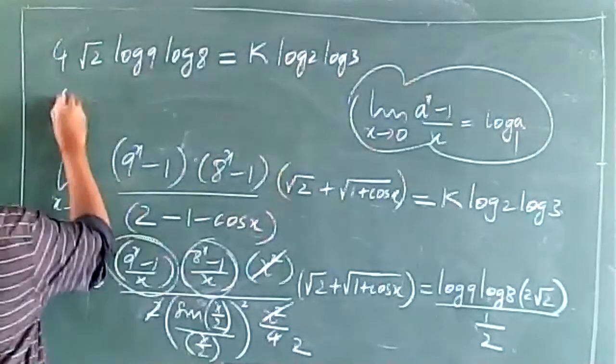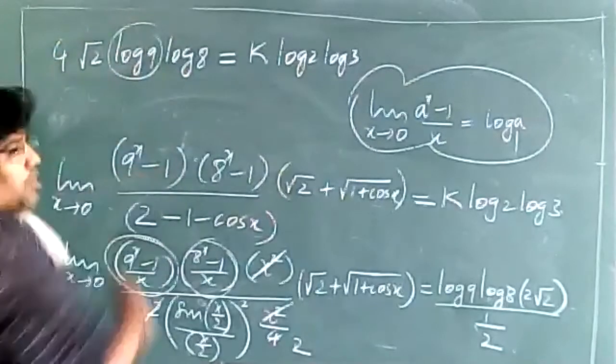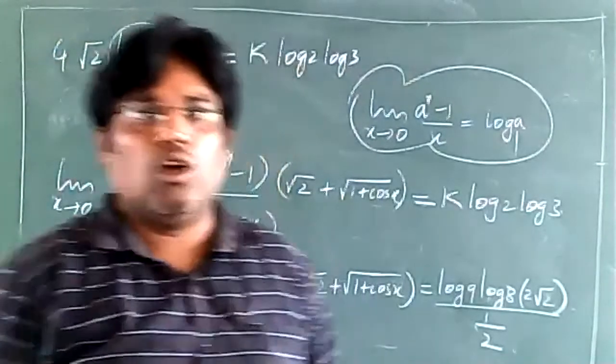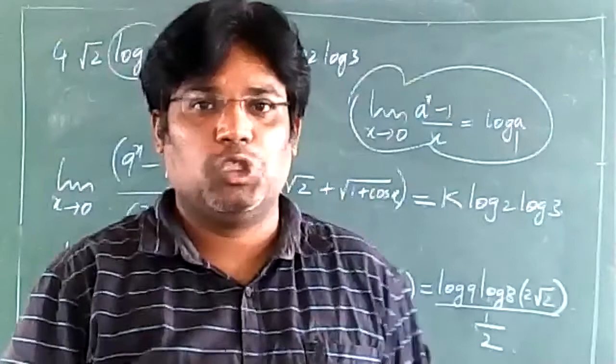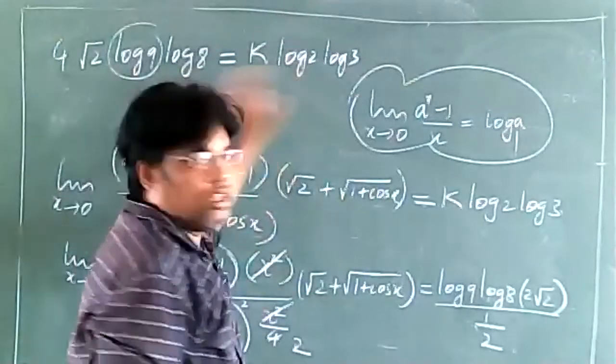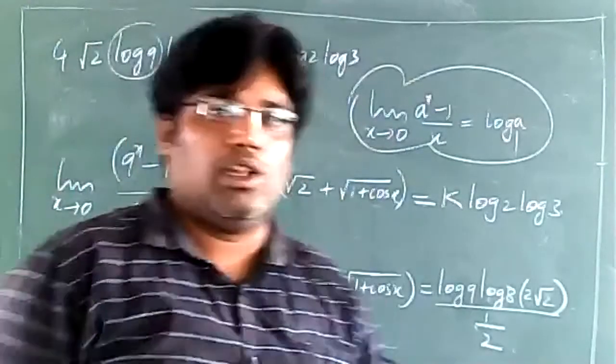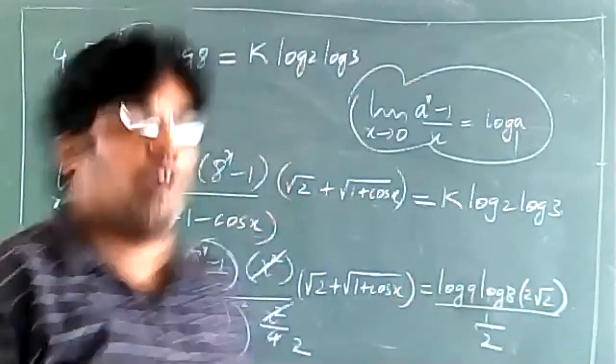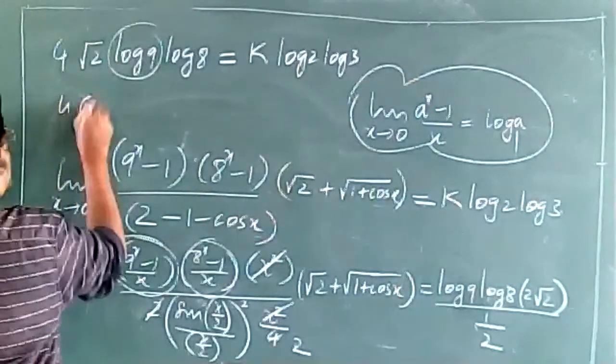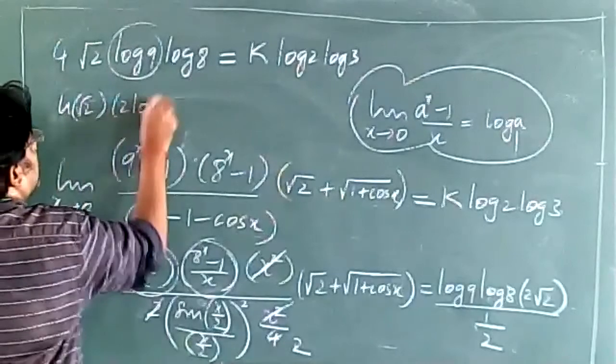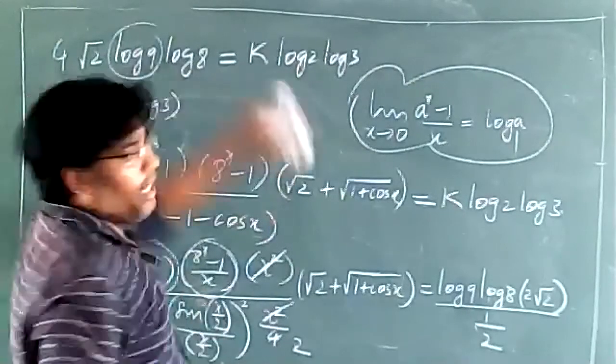Now look, what is log 9? Log 9 can be written as log 3 square, that is nothing but 2 log 3. And log 8 is what?